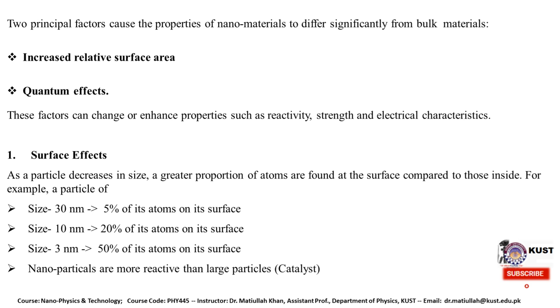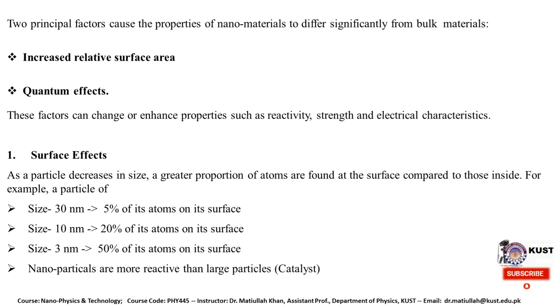So we want to discuss the surface effect in detail. In the surface effect, when the particle size decreases, a greater proportion of atoms are found at the surface compared to those inside. For example, in a particle of around 30 nanometers, around 5% of its atoms are present at the surface.